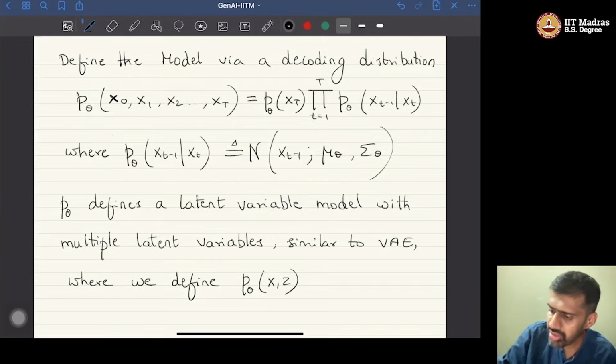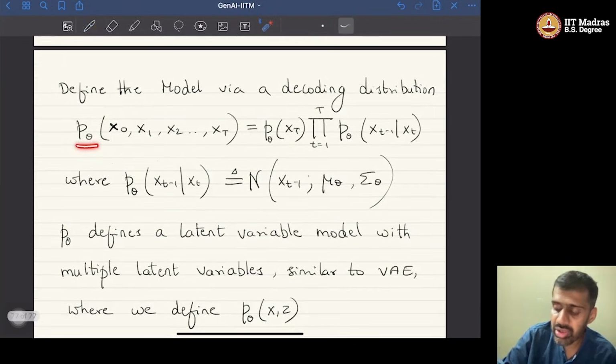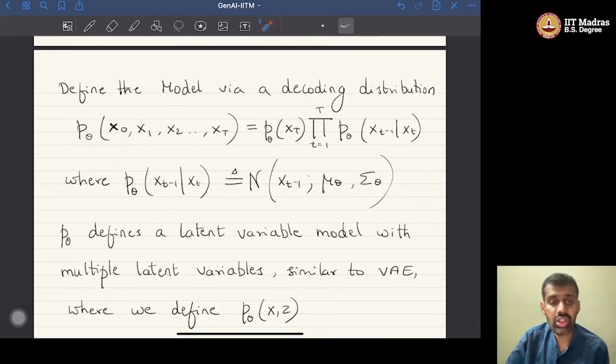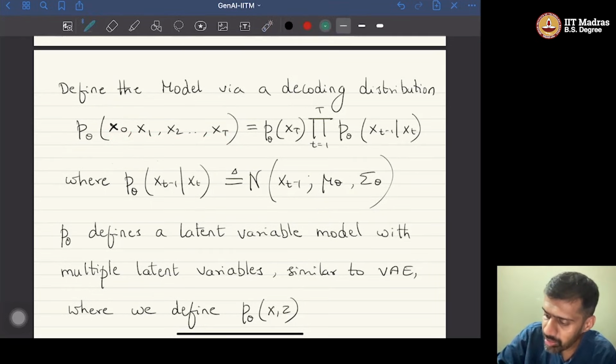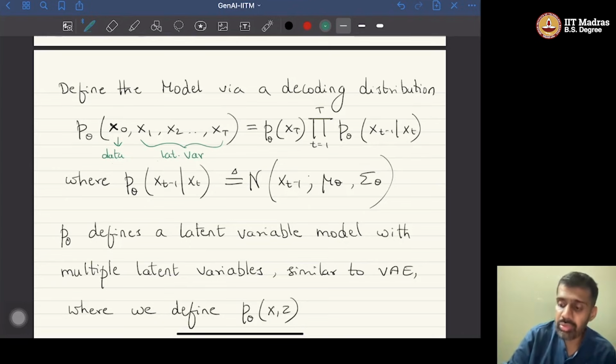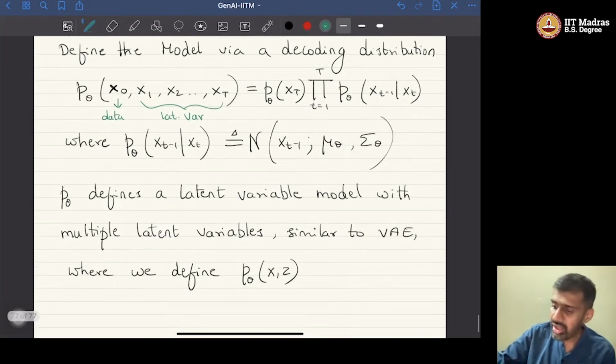What is this? This is nothing but p theta of x comma z, because x0 is the data variable and x1 through xT is the entire latent variable. So this is the data variable and this entire thing is the multiple latent variables, right? So this is nothing but the joint distribution between the data variable and the latent variable.